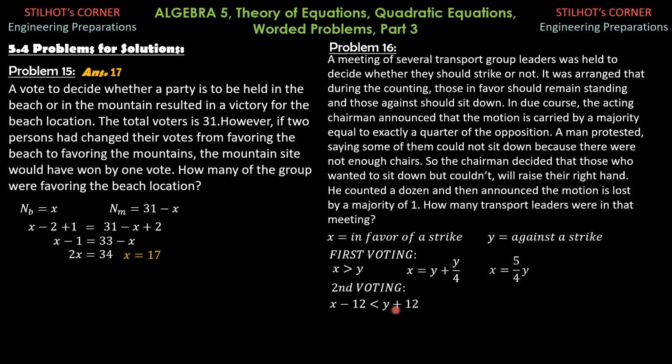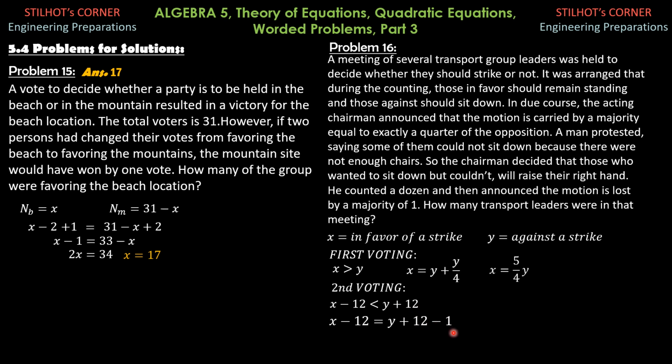For these two to be the same, we must subtract the right side of the inequality by 1. So for these two numbers to be equal, X minus 12 should be equal to Y plus 12 minus 1.